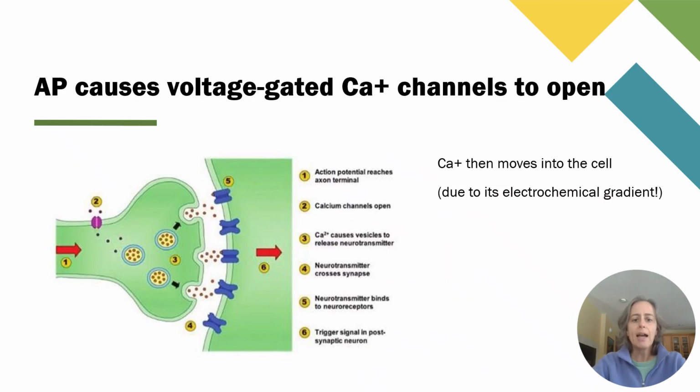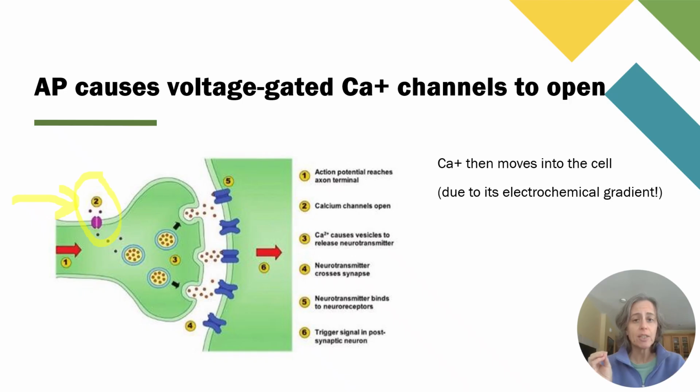When the action potential arrives, we have the opening of sodium gates, sodium rushes in, and changes the membrane potential. It's a big electrical signal that travels down the axon. When it arrives at the axon terminal, calcium channels are going to open. They're voltage gated, so the change in voltage of the action potential causes these ion channels to open.